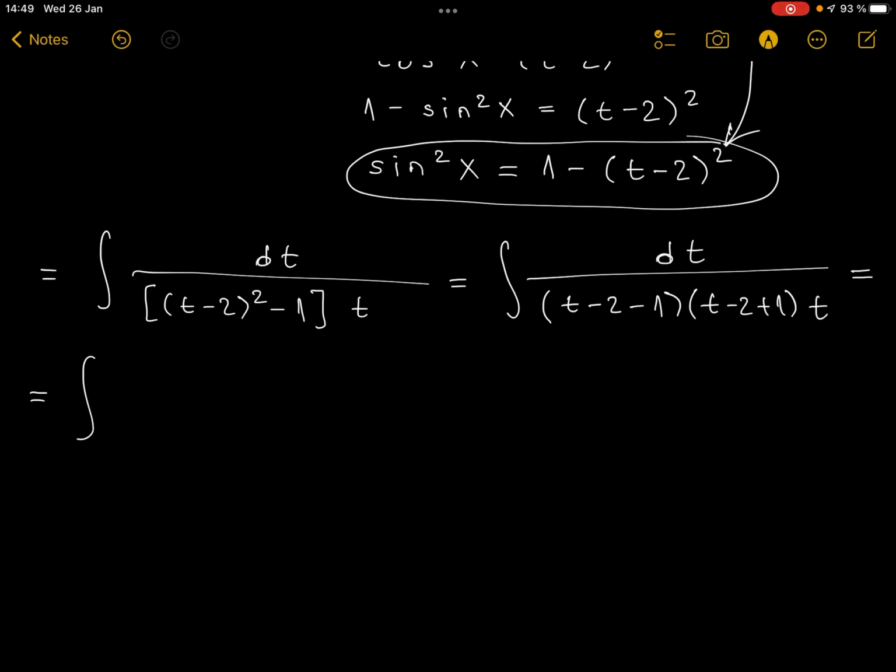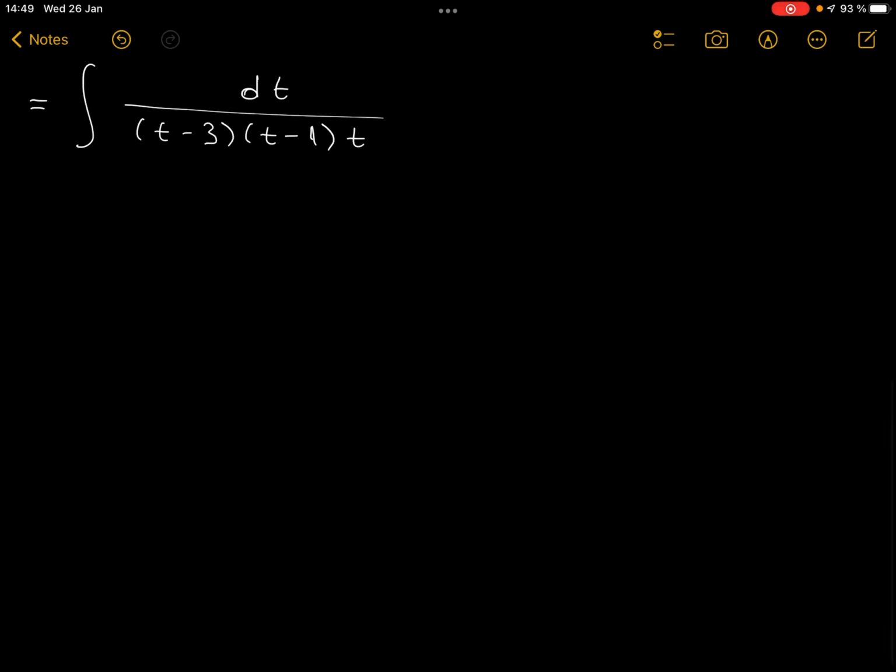Or in other words, we get the integral of dt over t minus 3 times t minus 1 times t.